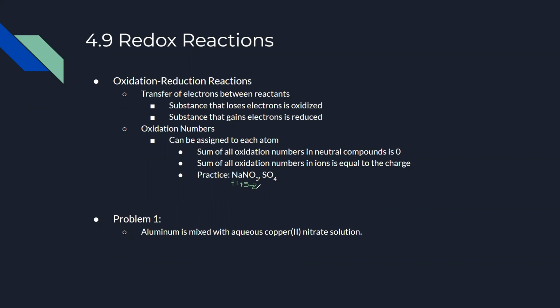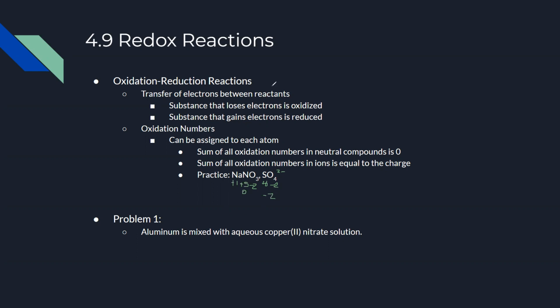So +6 minus 6 is 0, so a charge of 0. Let's try this with SO4 2 minus. Oxygen has a -2 charge, so 2 times 4 is 8, and then sulfur has a +6 charge. So +6 minus 8 is -2, so that's our charge.